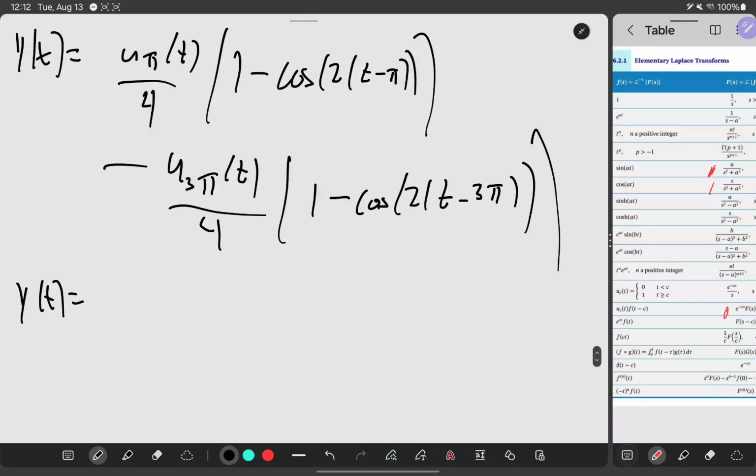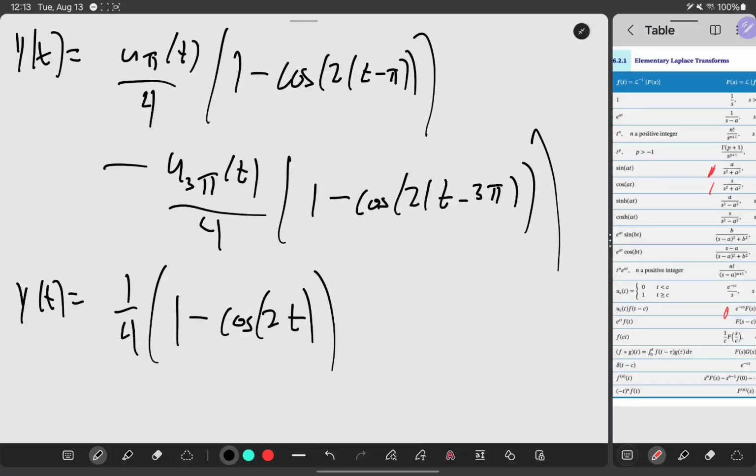That's equal to cosine of 2t. Cosine of t minus pi is equal to cosine of t. So we can pull that out. We can also pull out a 1/4, so 1 minus cosine of 2t times u to the pi of t minus u to the 3 pi of t.